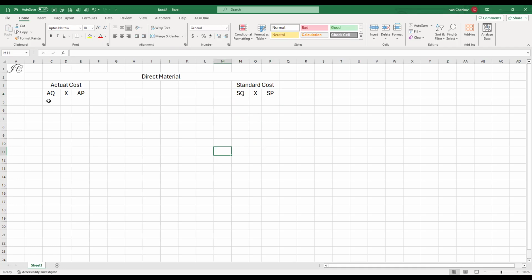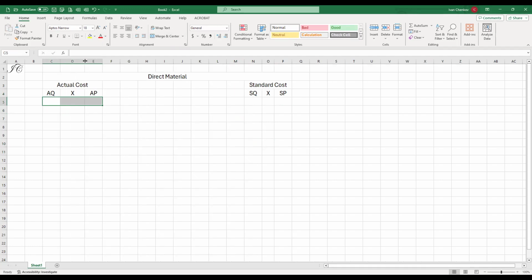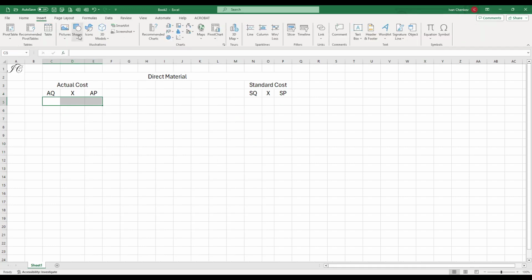Now the question is, here I'm going to have a number, correct? Those two are going to produce one number. Let's insert some of those shapes.